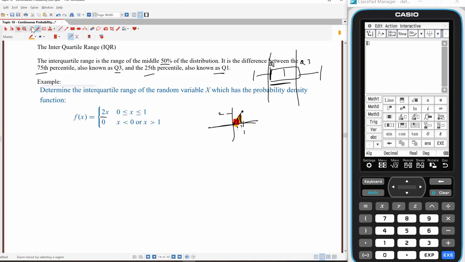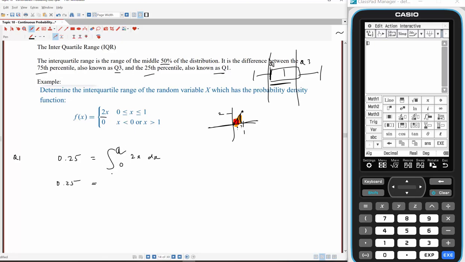Alright, so the way we're going to do that is similar to the median, and really it's the same calculation as the median, except this time we want the 25th percentile and the 75th percentile. So we're going to say 0.25, this is the Q1. So 0.25 equals the integral from 0 to A of 2x dx. I don't know what the value of A is.